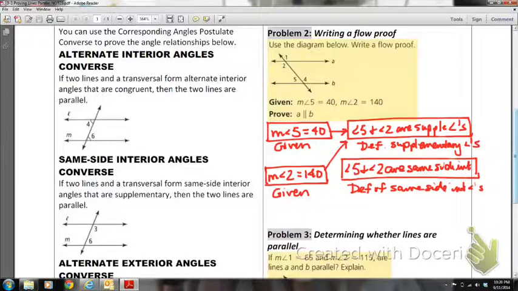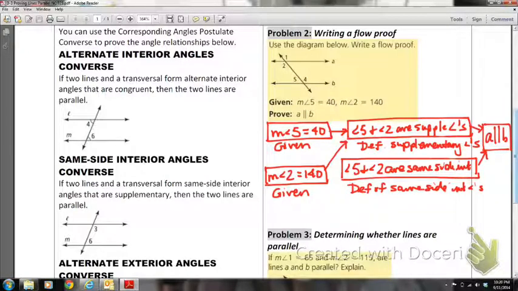From the diagram, based on these two statements that we've made, angles 5 and 2 are supplementary angles and they're same side interior angles, we can make the conclusion that A is parallel to B. So we're going to put that in a box. And each of these statements led to that, so we're going to show the arrows that flow to that from the previous boxes.